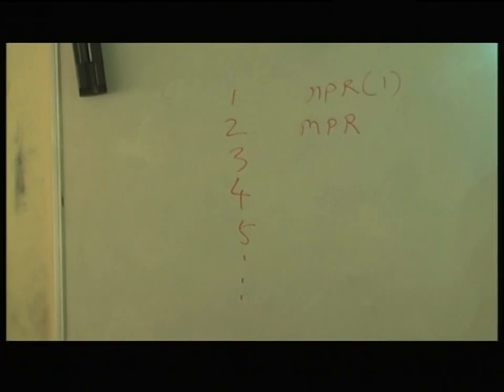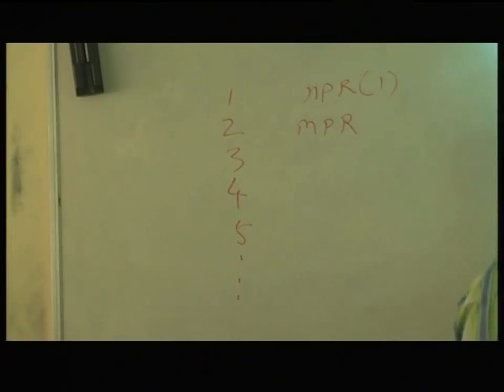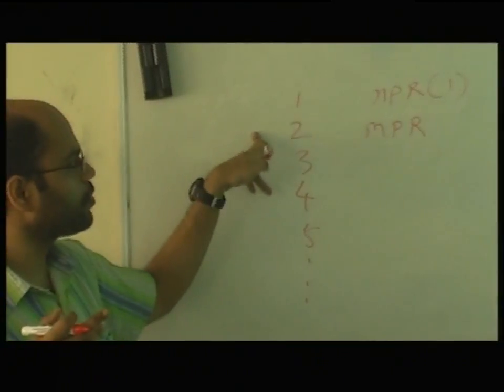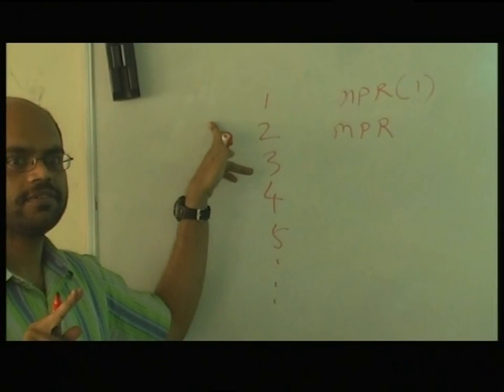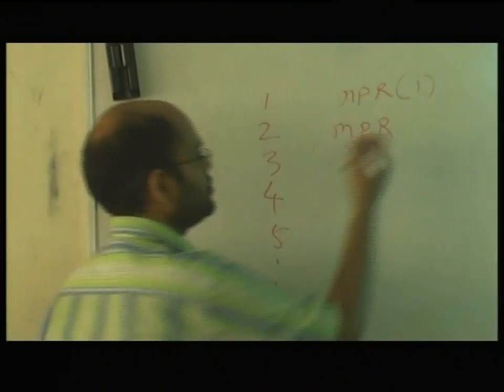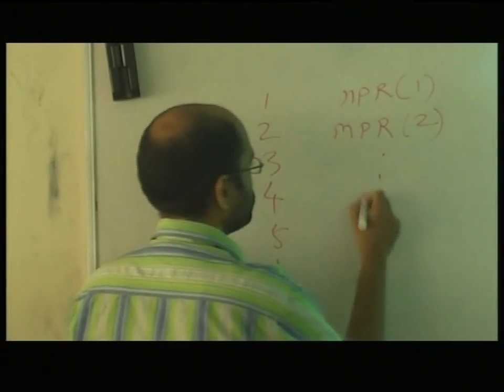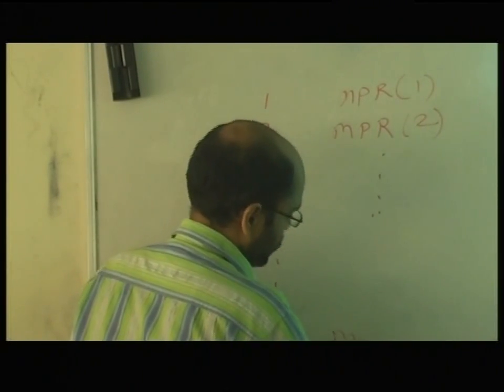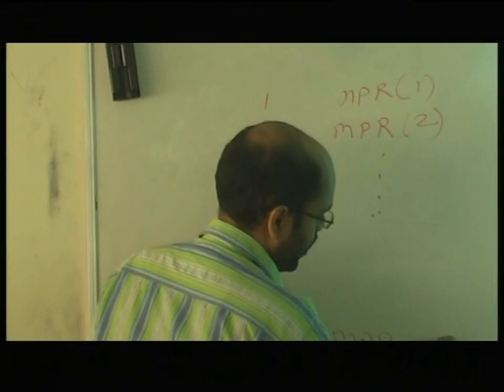If you look at this, MPR of n is the set that retransmits control packets from n. Now I am asking, which are the nodes that retransmit control packets from 2? MPR of 2, right? And so on. This will be MPR of 3, and all the way to MPR of i.